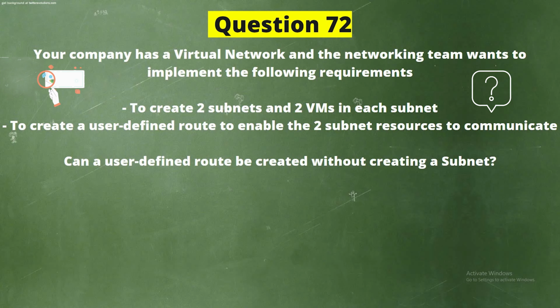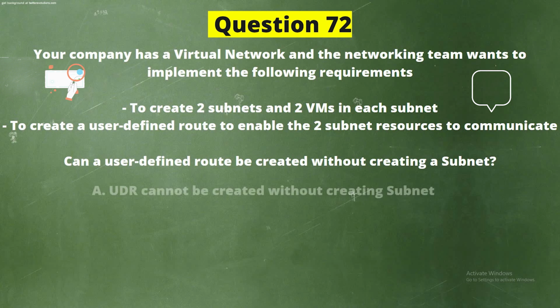Question 72. Your company has a virtual network and the networking team wants to implement the following requirements. To create 2 subnets and 2 VMs in each subnet. To create a user-defined route to enable the 2 subnet resources to communicate. Can a user-defined route be created without creating a subnet? Now, the options are option A, UDR cannot be created without creating subnet.